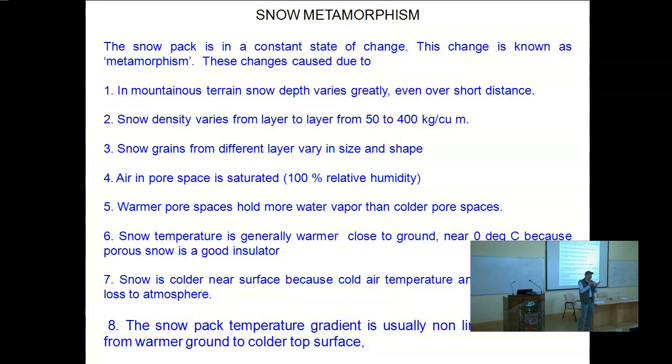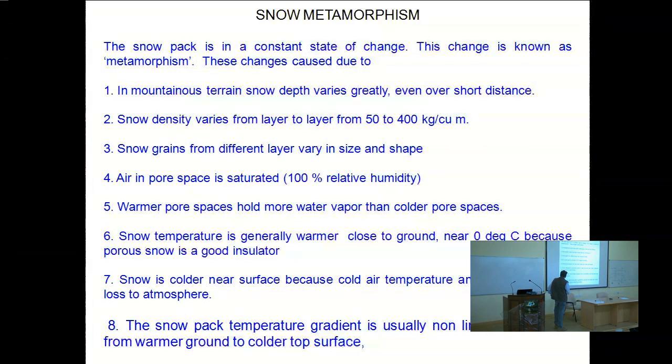On the surface liquid water is generated, and the liquid water penetrates through the snowpack, and since the snowpack temperature is below freezing, the water refreezes. Because of that, the density of the snowpack goes up. So you have a snowpack with very high density, and then fresh snow falls on it again. You have two layers, the top layer with very low density and the bottom layer with very high density, and that creates a very different structure, which is conducive to avalanches and other hazards.